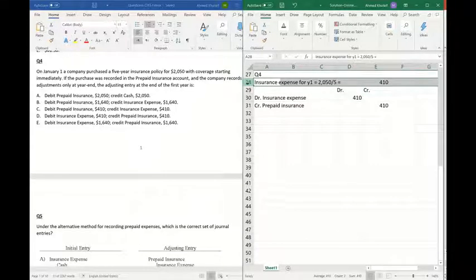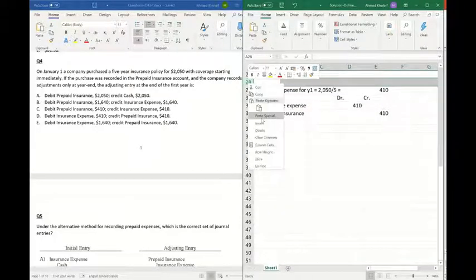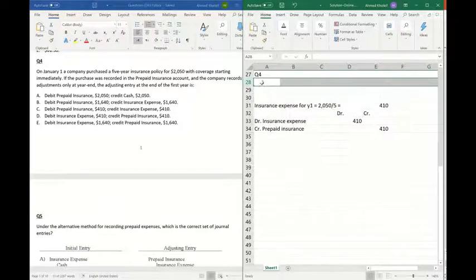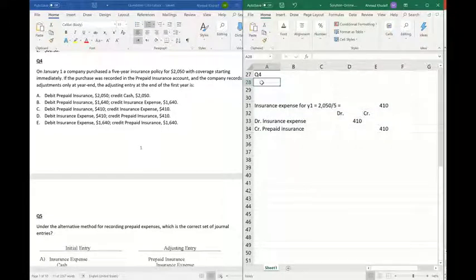And remember that when the company purchased the insurance policy, which was on the 1st of January, the entry was as follows. This is not required, but mainly for clarification.